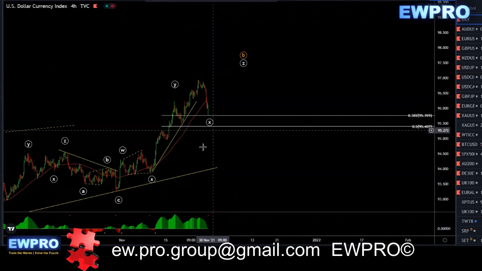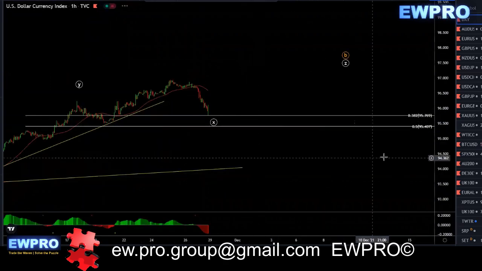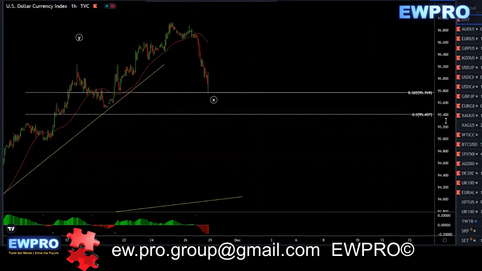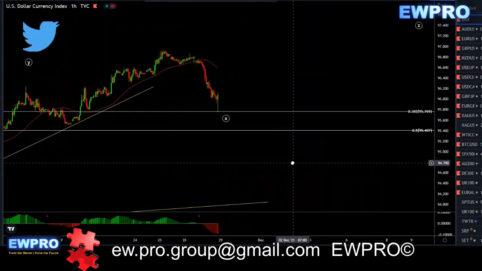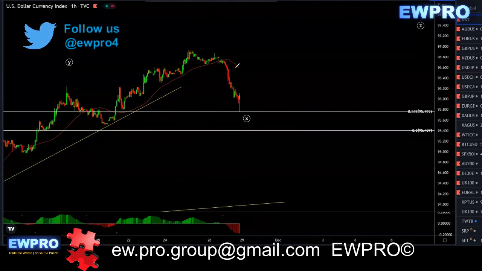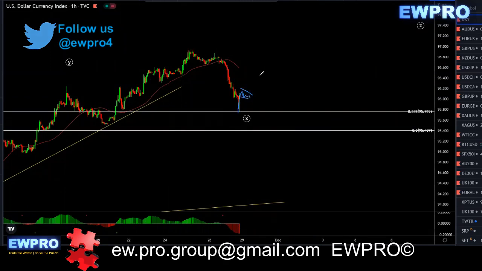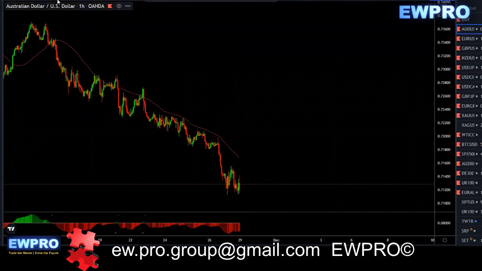This may keep on going and give us bull hidden. We're not quite sure, but if you get any bullish setup on this, you'd have to go down on the M15. If you got any bullish setup in here, look to buy to go and break that top for the wave Z. So that's how I'm looking at DXY at the moment.